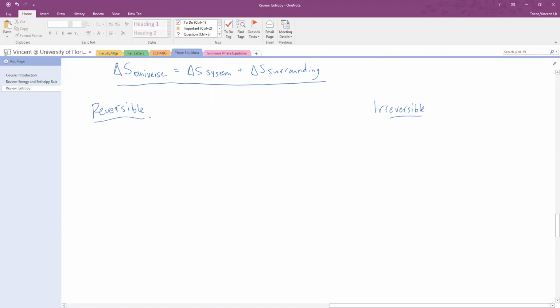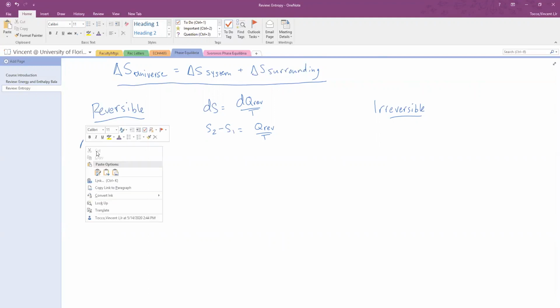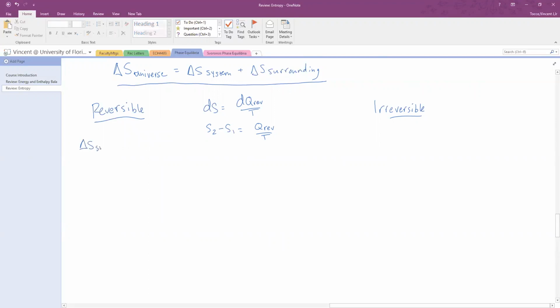And for both of these cases, I'm going to apply the mathematical definition of entropy, which is that dS is equal to dq rev over T. And if I integrate this, I've got S2 minus S1 is equal to q rev over T. All right, for the reversible case, this is the one where we've got sand on top of it. Delta S for the system. So S2 minus S1 of the system.